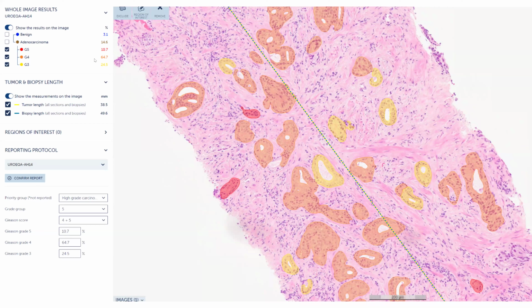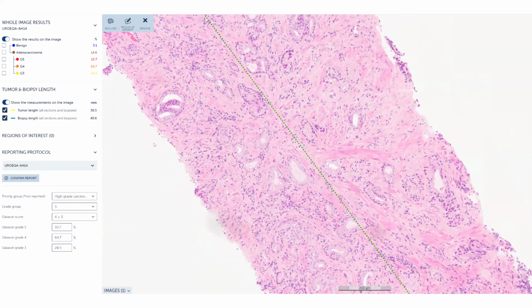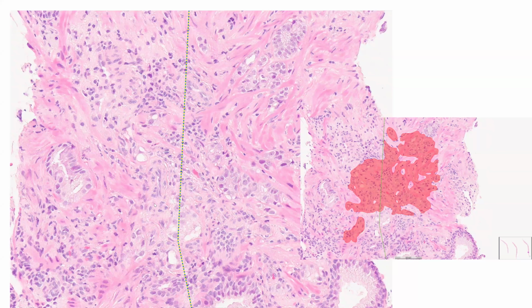So if you go on to the next slide, we're just comparing that; they don't look like particularly pattern 5 in this area. And on to the next slide. And then this area here, it's highlighting it as pattern 5, but you can see that it's just a sort of mishmash of cross-cut glands, which are pattern 4.